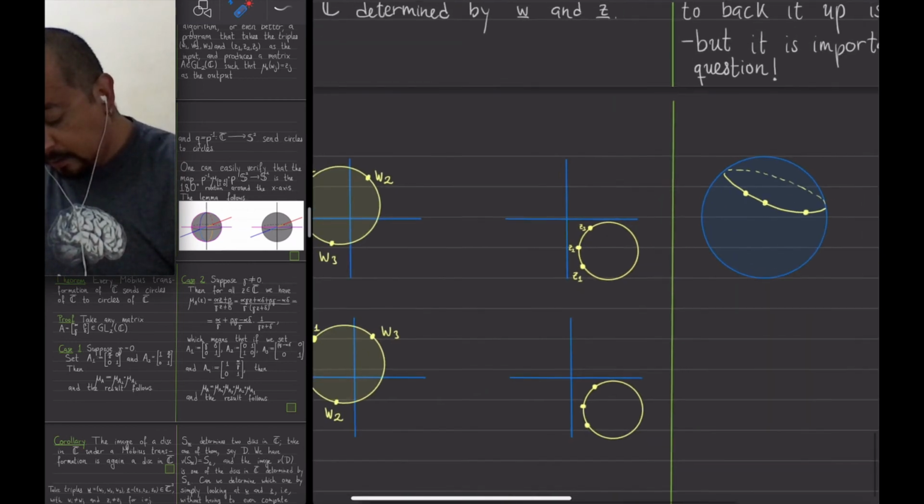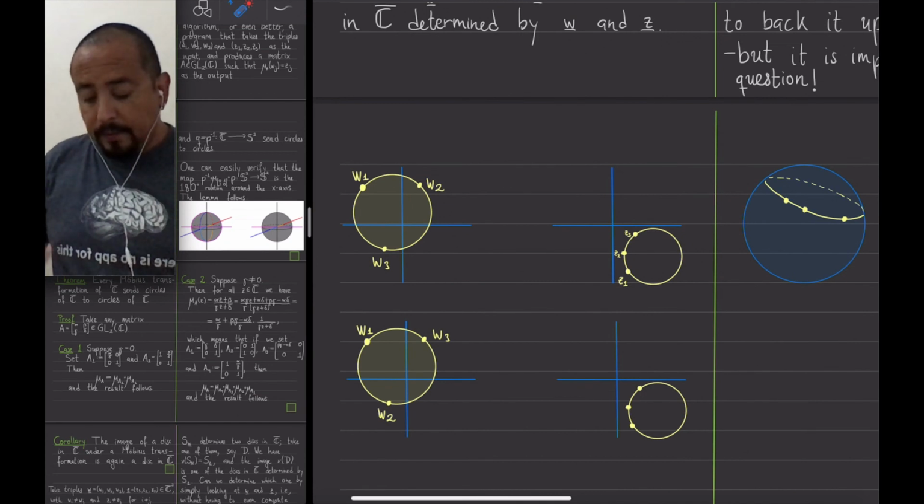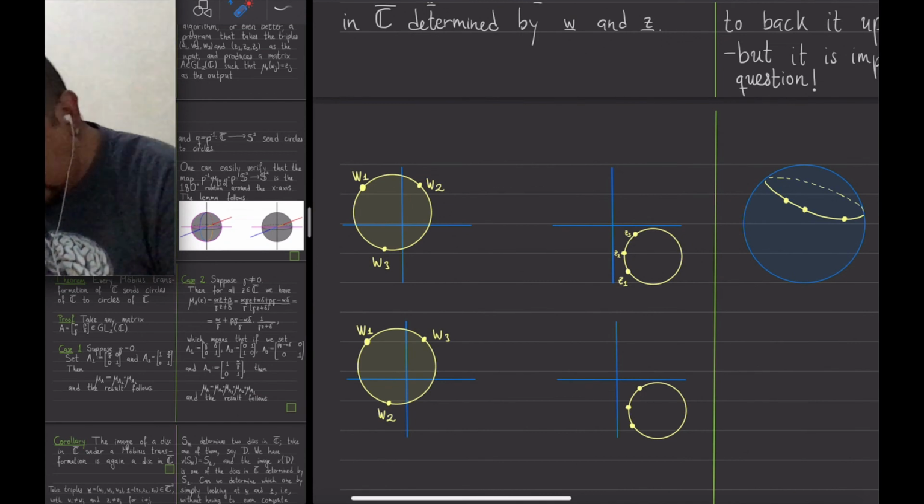In the end, it all boils down to this: around any point here, the clockwise orientation must be mapped to the clockwise orientation around here, locally, let's say.